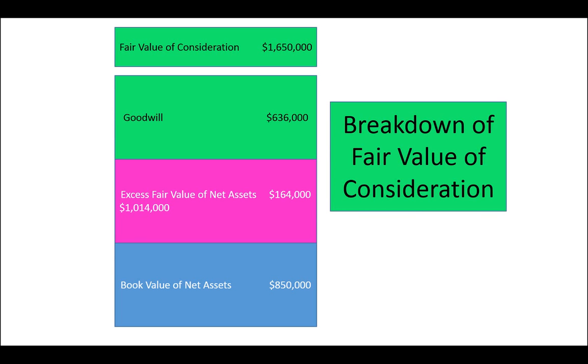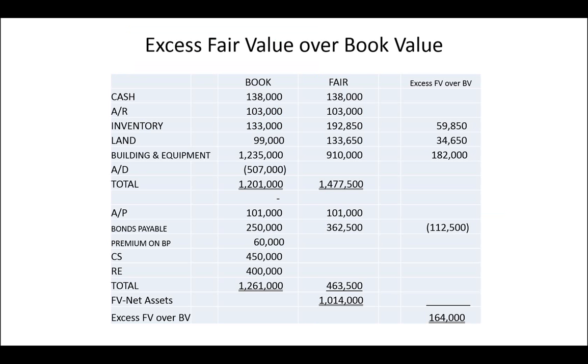If we break that down, it's going to look something like this, and we see that we can identify goodwill, and we can also identify each component of the excess fair value over book value. Now, the handout that you had, you're going to have to extend these numbers over, or just write these down to get the difference.